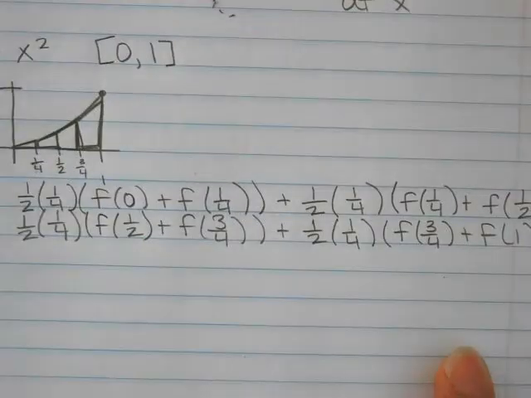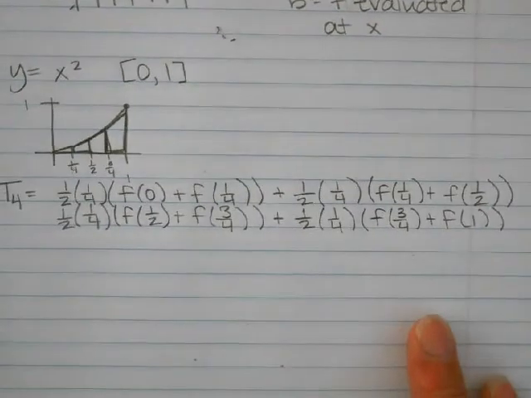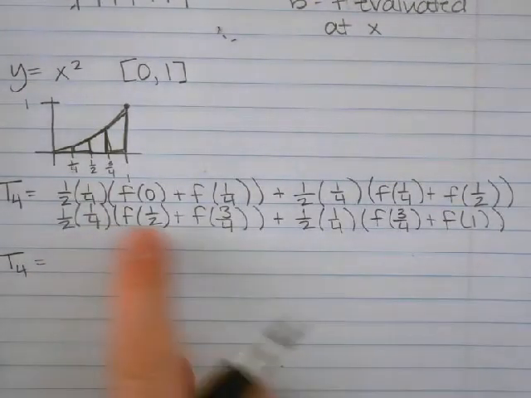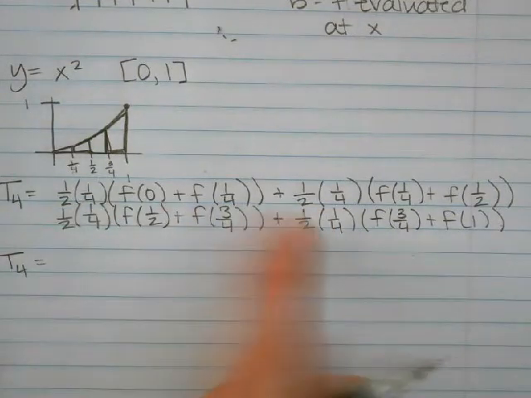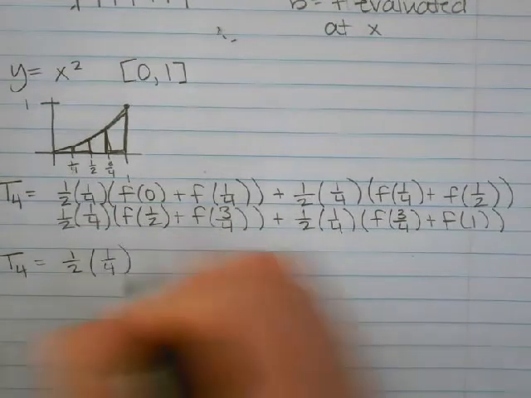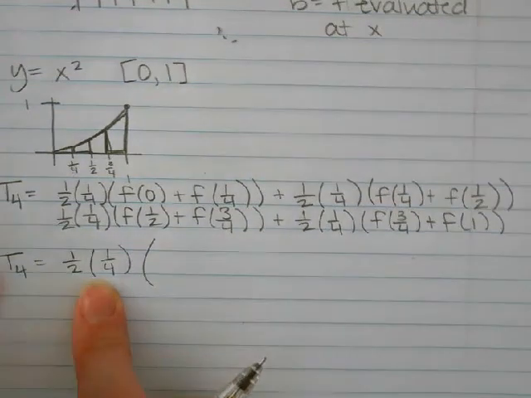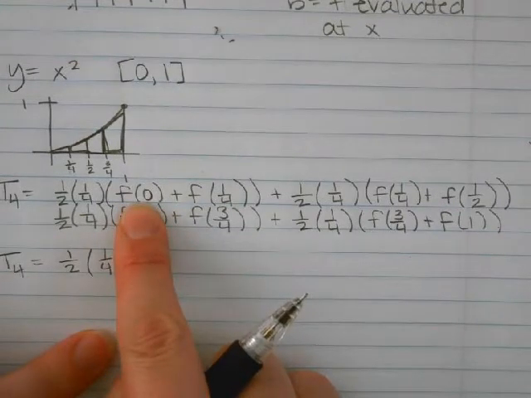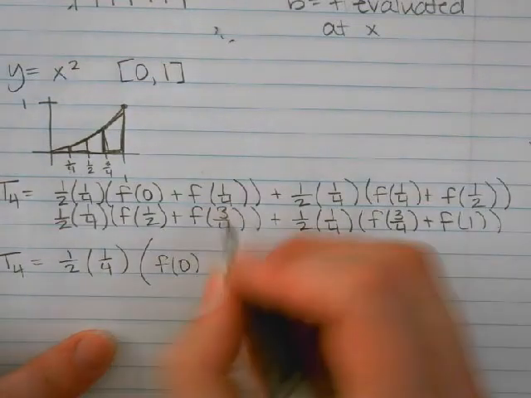Okay, so that's a mess. Clearly we want to shorthand this a little bit so we don't have to write all these things out. This is how people typically shorthand. This 1/2 shows up in all 4 of our trapezoids, and so does the 1/4. Since that shows up in all of them, we can take that out and put it in the front, just like we did when we were looking at the rectangles. Then if you look at how you're evaluating this function, you're going to evaluate it at 0 to start with, that was our left boundary.